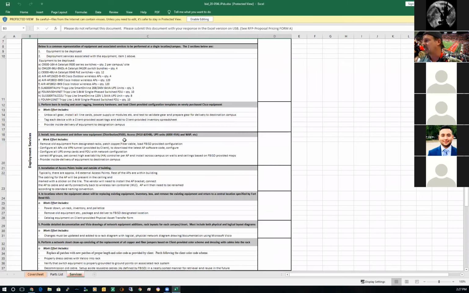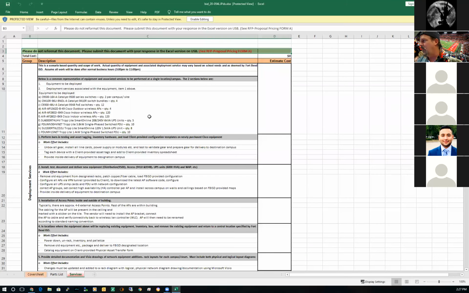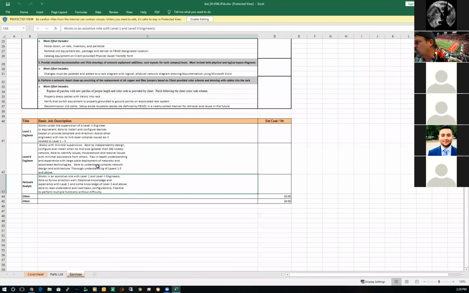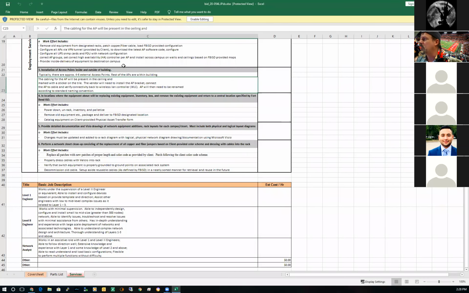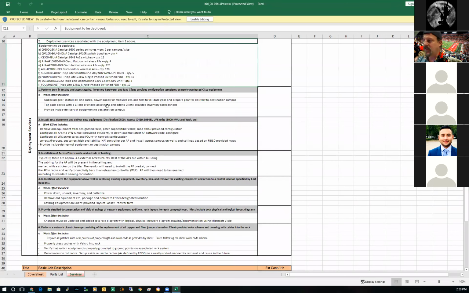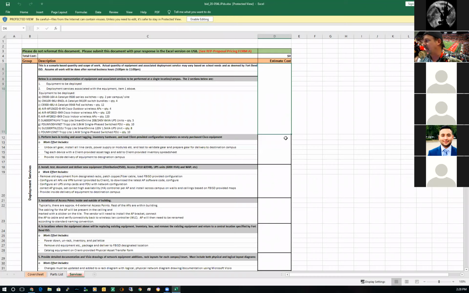Okay, so the services are a little bit different, a little more abstract to it. But it's generally the same thing, and they're just saying estimated cost.